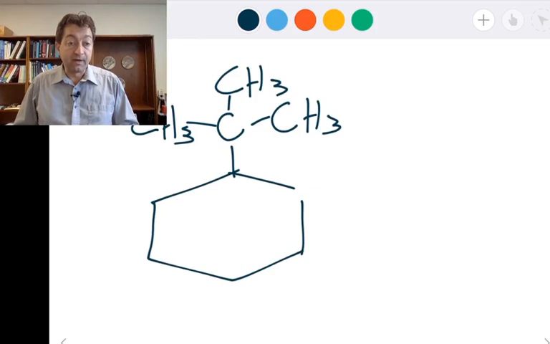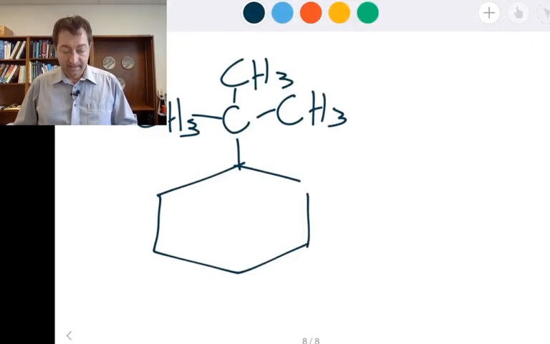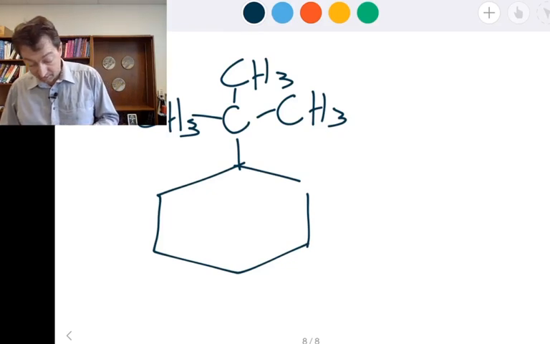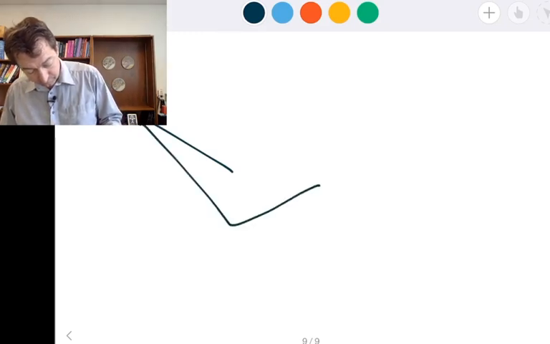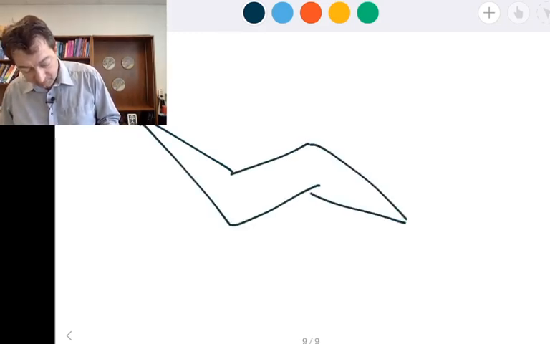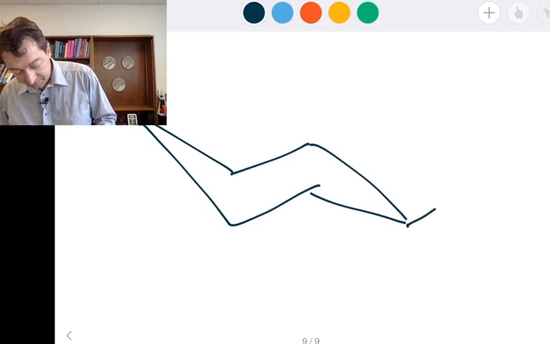So I'll replace that isopropyl group with another methyl group on there, CH3, and let's see what this looks like now in terms of putting that on the chair conformation. Because that's such a big substituent, what I'll do is I'll just draw it out in full here.